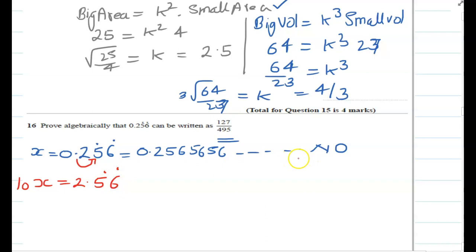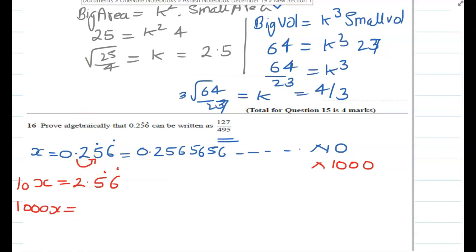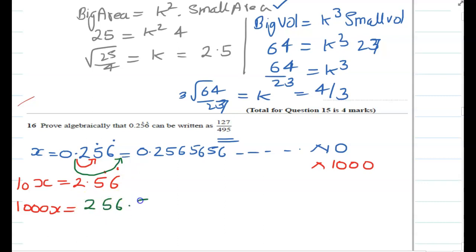And if we multiply by 1000 here, it will be 1000x, and then the point is moving 3 steps right. So 3 steps right means from here it is moving here, so it will be 256.56 recurring.